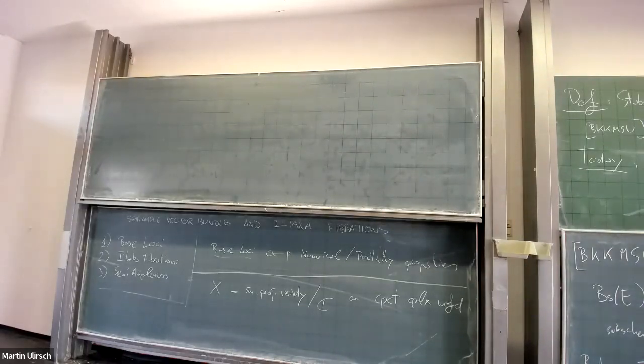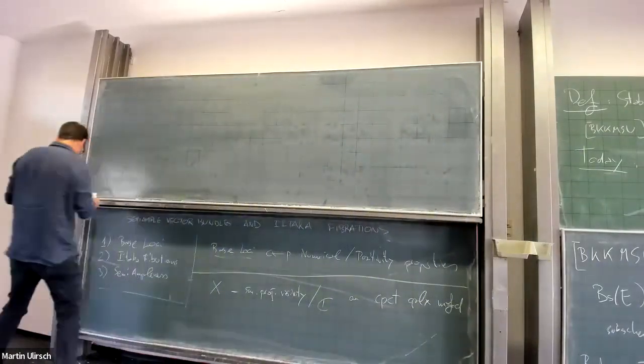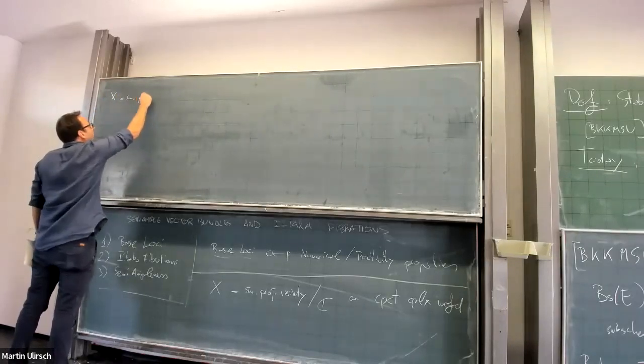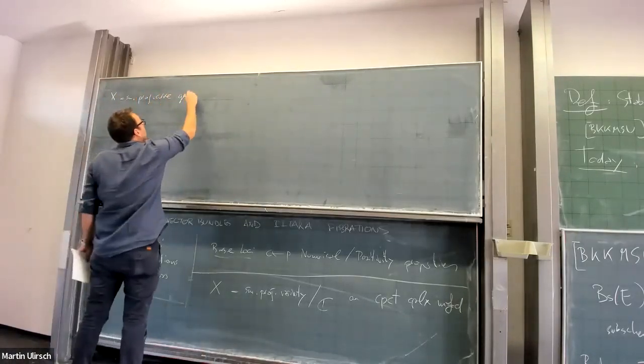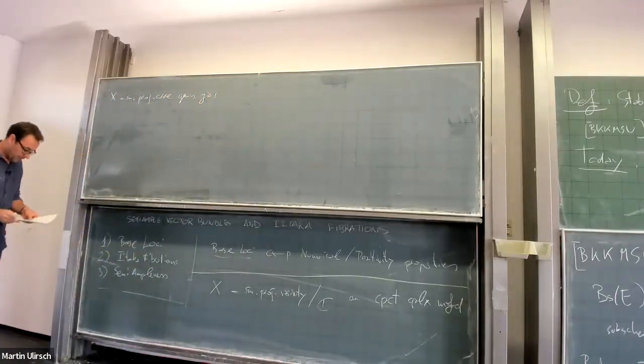So let us start to provide this example with a smooth projective curve of genus greater or equal than 1.